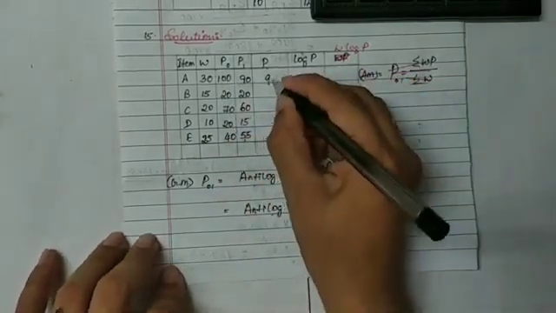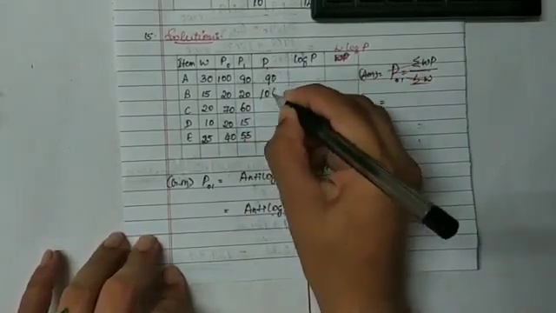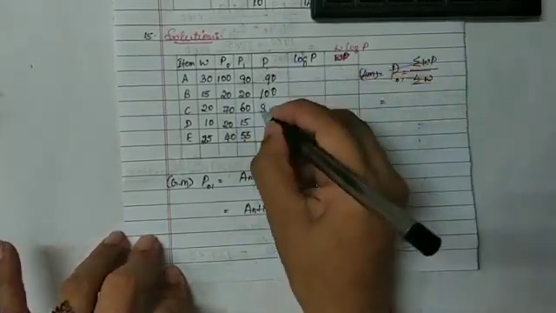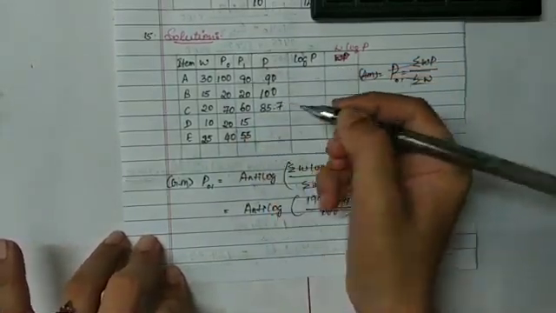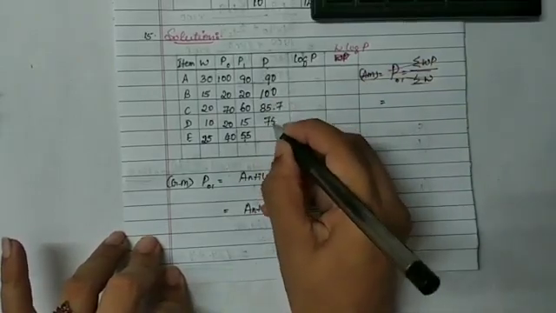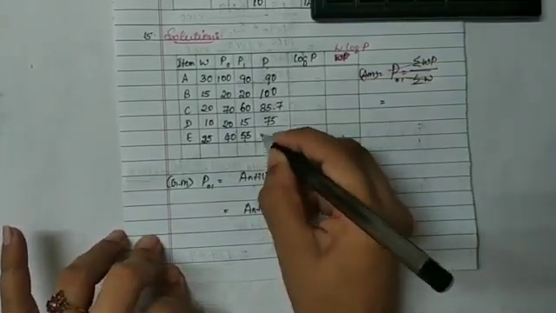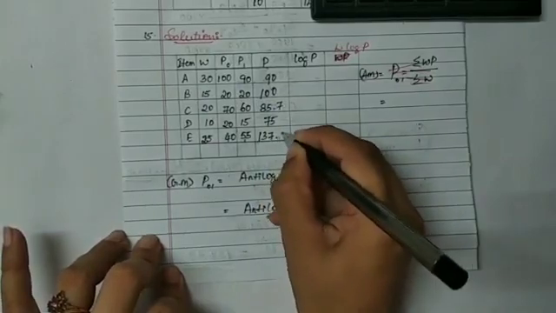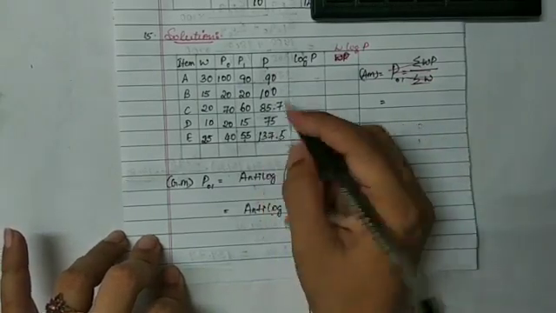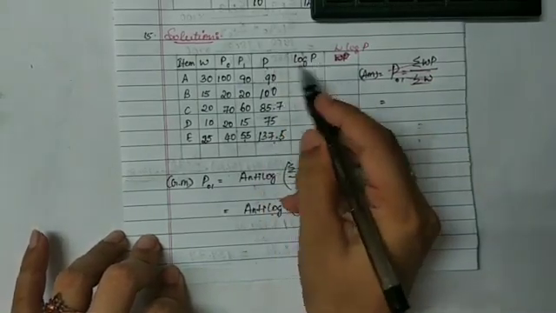That is 90, 100, 85.7, 75 and 137.5. P we got. Next, log P, you know that, right?